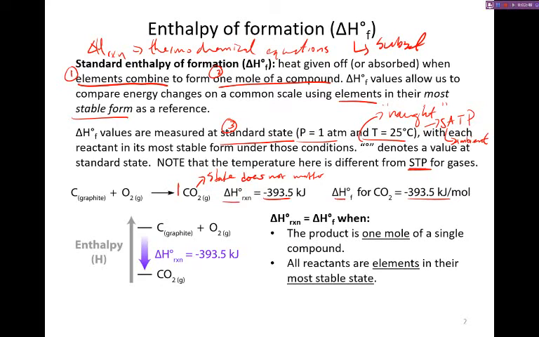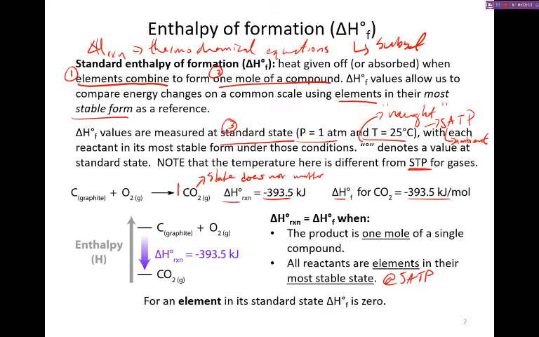So, to summarize, the enthalpy of reaction is equal to the enthalpy of formation when there's 1 mole of a single compound that's created, and when elements are in their most stable state, and of course, this has to be at standard ambient temperature and pressure. So what does that mean then if we form an element?